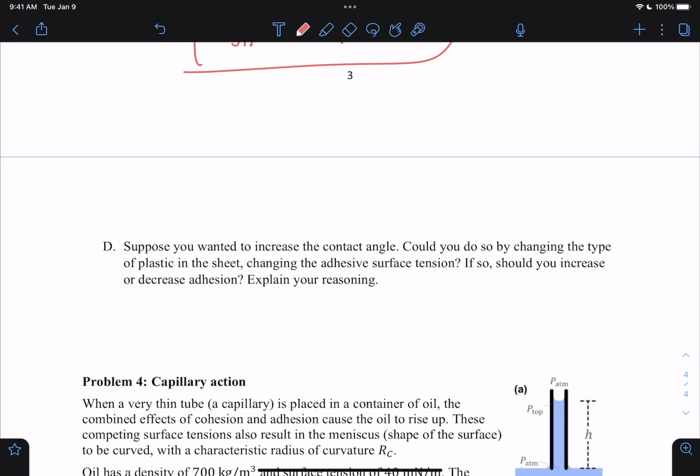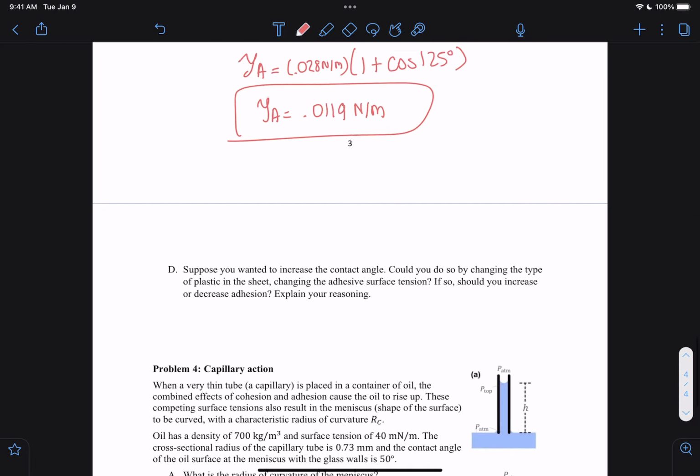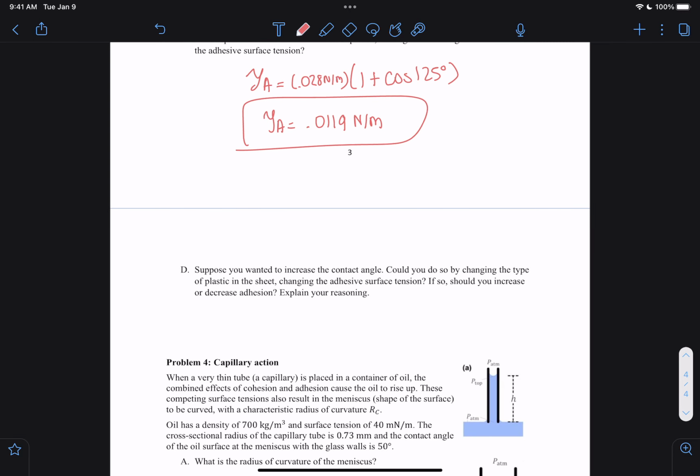Should we increase adhesive forces or decrease adhesive forces? So I see an increase, but I think it would be decrease, because if you change the material to reduce adhesion, then we increase the contact angle.